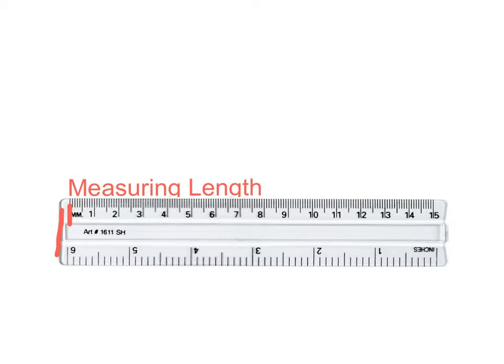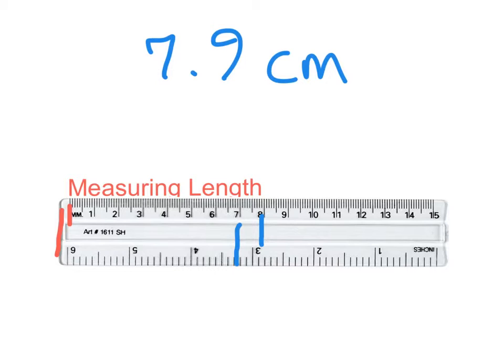Okay, now I look and I see that it goes up to about there. So it's not quite 8 centimeters, but it's close. So the way we'd write that is it's 7.9 centimeters, because it's 7 centimeters and then there's 9 of those little millimeter lines in between.